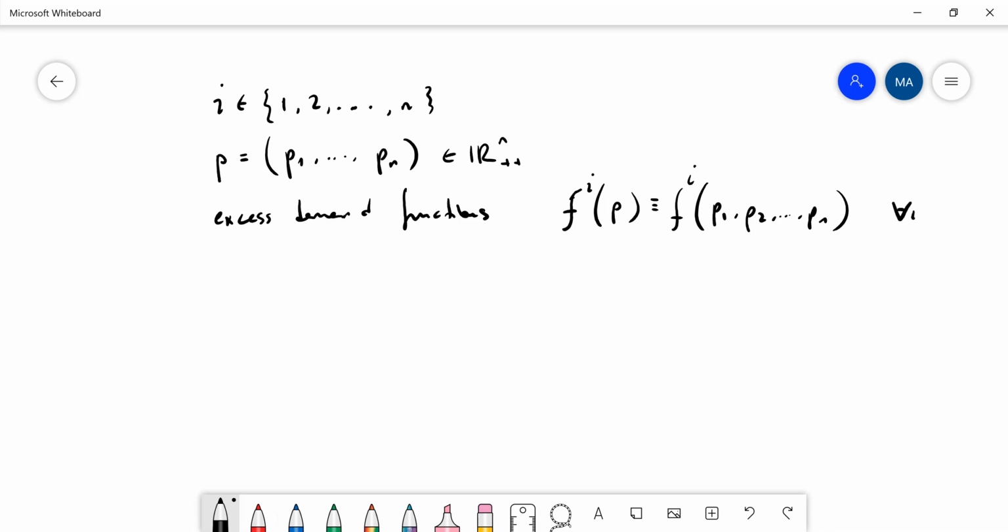So how do you define the Walrasian equilibrium? Well, the Walrasian general equilibrium requires for each i excess demand to be equal to 0, right? So there will be a P star, which is the equilibrium price vector. And that equilibrium price vector makes excess demand equal to 0 in each market. Then this would be your Walrasian equilibrium. And then you can study the stability of the Walrasian equilibrium by studying this.